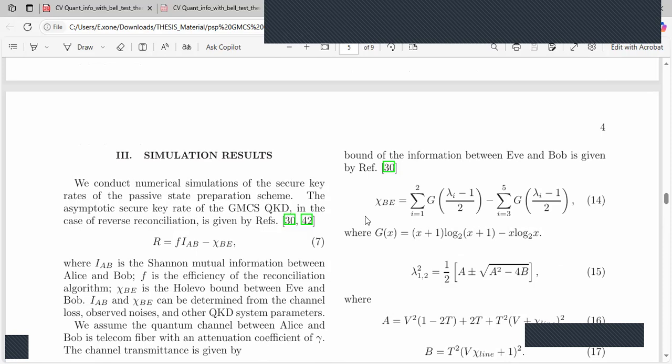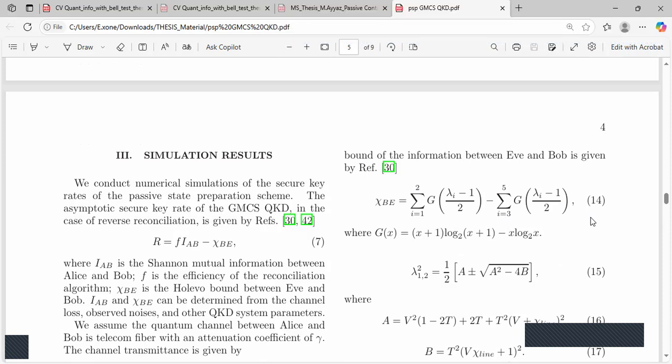We can calculate the Holevo bound using some covariance matrices: the covariance matrix of AB, and the covariance matrix of Bob conditioned on his measurement.